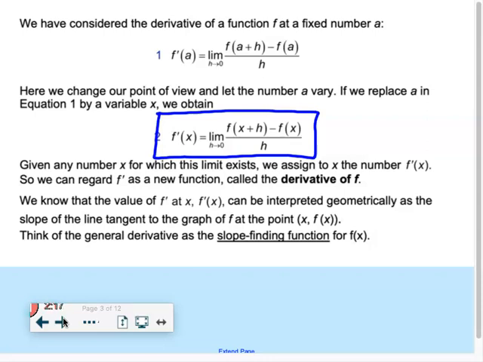So we did one limit where we kept A, and then what I was saying at the end was, hey, if we keep A, then at the end, if you need slopes at a bunch of different x values, you can just plug them in for A at the end and not have to redo the limit over and over and over. That's called a general derivative, and that's actually what this formula is here.